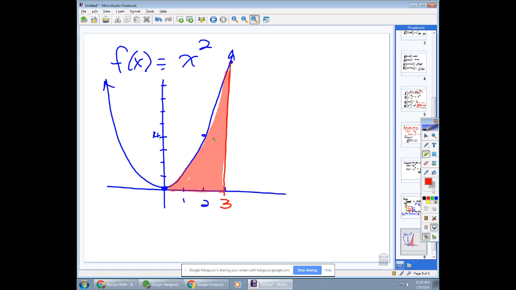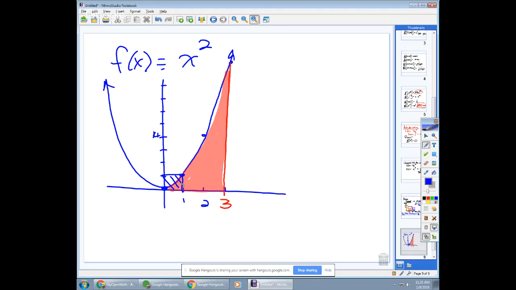So we can approximate this area, and the way we're going to do that is by saying, well, I know I have the point 1, 1 right there. So I could just use that rectangle as an approximation of the area.